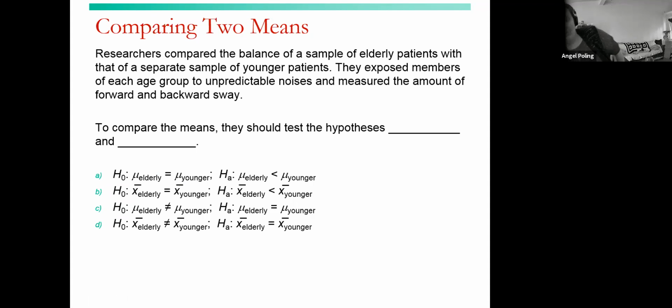Versus the alternative hypothesis that here we're saying the elderly are going to hear less of the unpredictable noises, right? So that's kind of funny because they didn't really say that ever. And so you really are leaning into the fact that they wrote the null hypothesis correctly, right? Like that's a win right there.